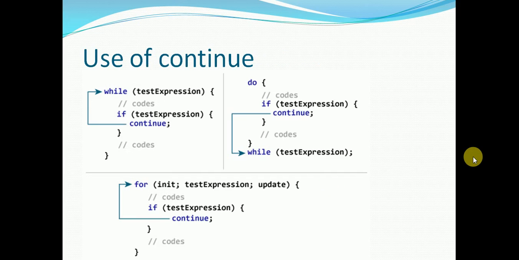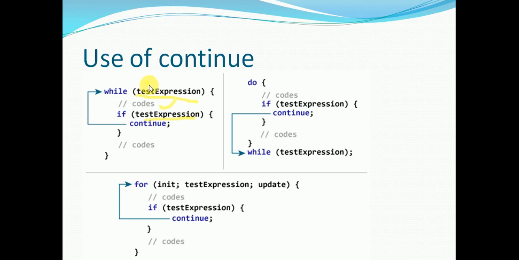Now look here. Here we have a while with a test expression. If this test expression is true, control enters into the while loop, then these codes will be executed. Then this test expression will be checked again. If this test expression is true, control moves back to the while loop.